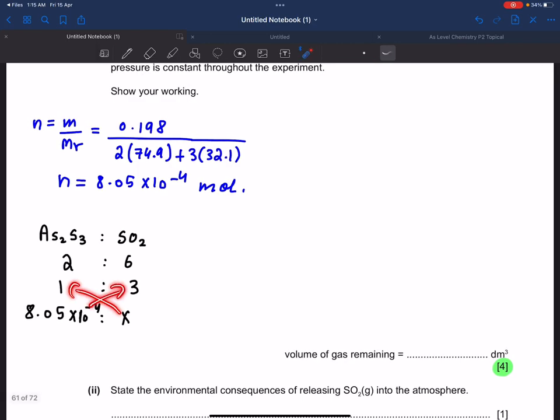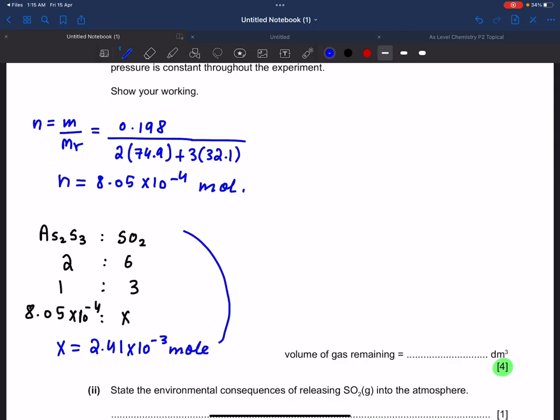You'll calculate your x as 3 times 8.05, which comes out to be 2.41 times 10 to the power minus 3 mole of SO2.